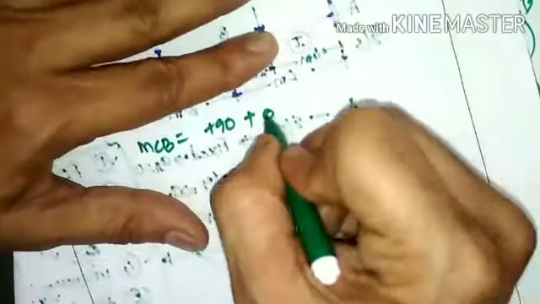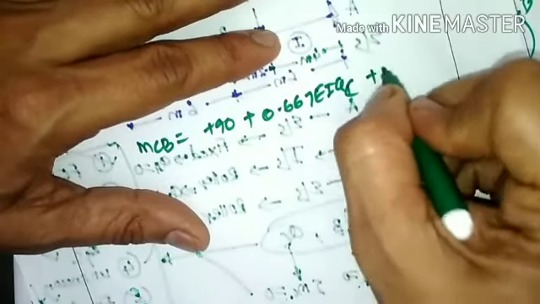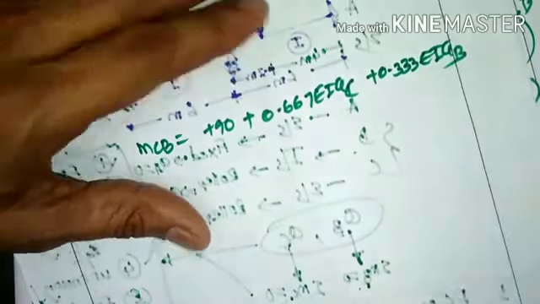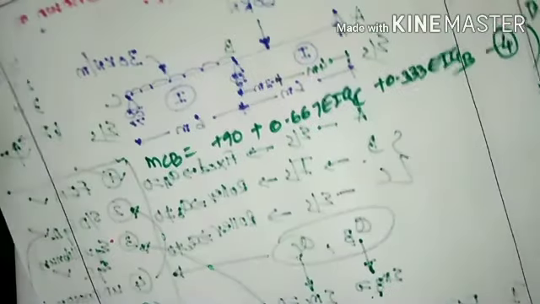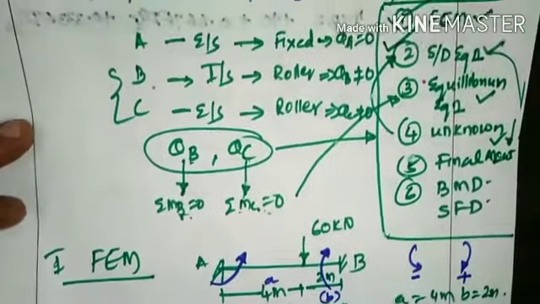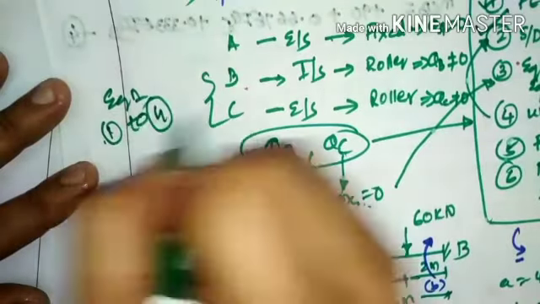So this equation will be plus 0.667 EI theta C plus 0.333 EI theta B. So this is nothing but equation number 4. These are the various equations, and this is step number 2 that we required to complete. Step number 2 is the slope deflection equation, that is equation 1 to equation 4.